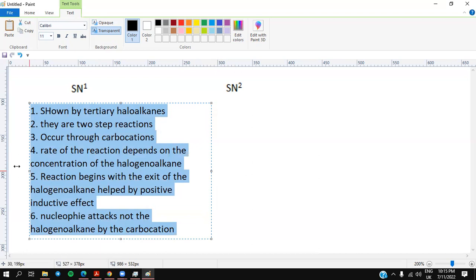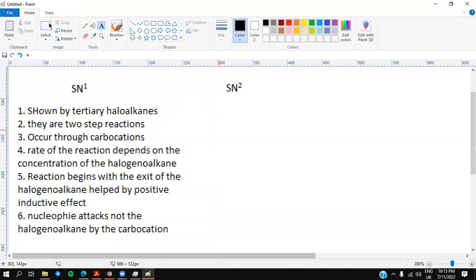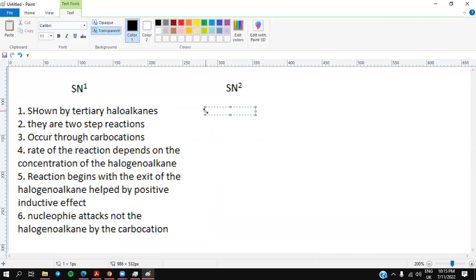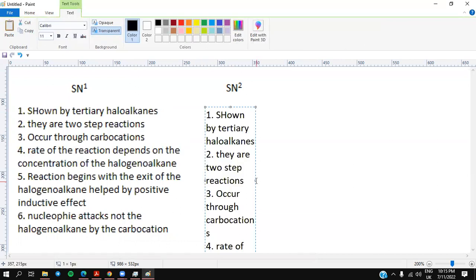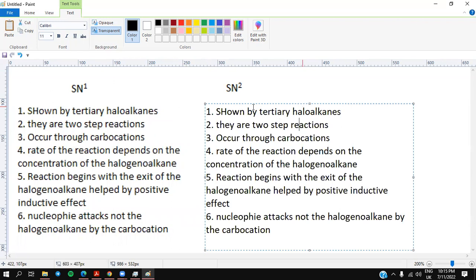Now we go to Sn2 reactions. Sn2 mechanism is shown not by tertiary halogenoalkanes, it is shown by primary halogenoalkanes.